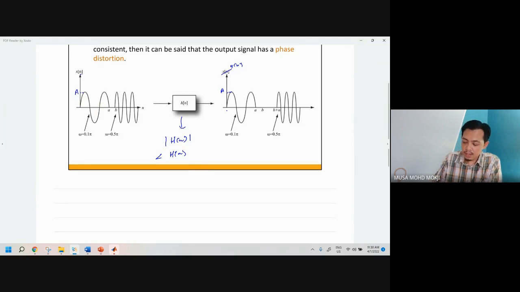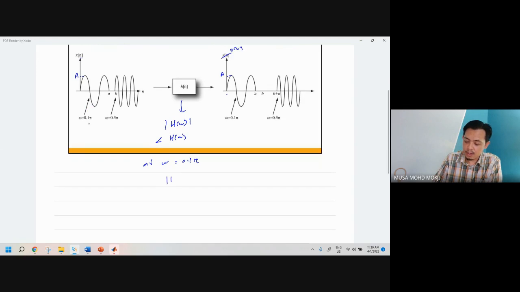So at omega equals 0.1 pi, because the frequency is at 0.1 pi, our H(0.1 pi) is actually equal to 1. It does nothing to the amplitude. If you multiply A by 1, you still get A. It doesn't increase or decrease at all.